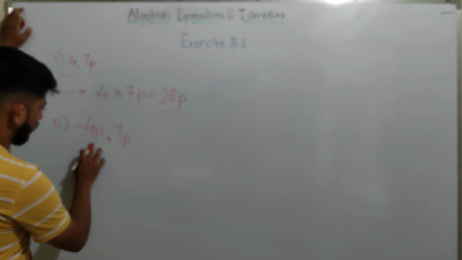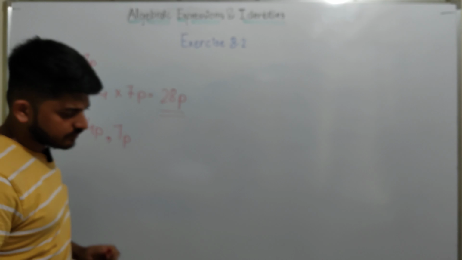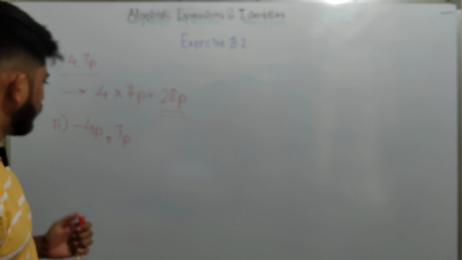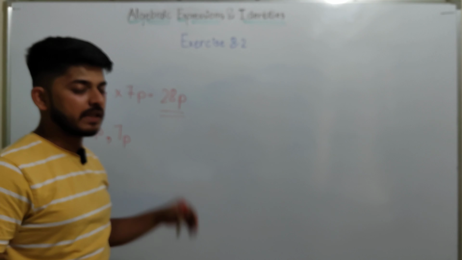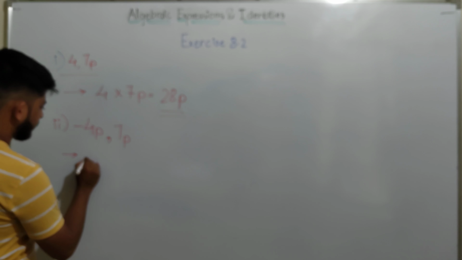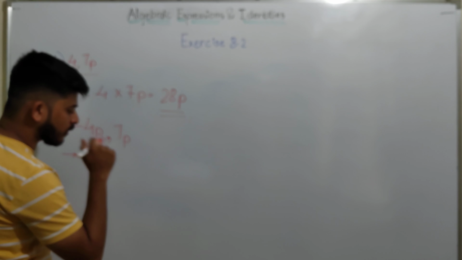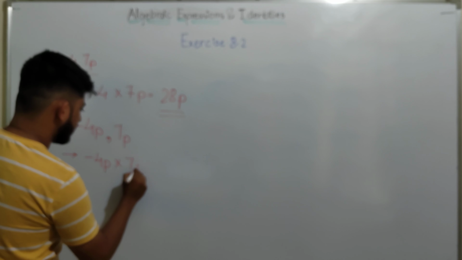Do we have 7p? Yes. Now see here, the coefficient of p is minus 4 and the coefficient of p is 7. So while solving, we have to find the product. So minus 4p into 7p.